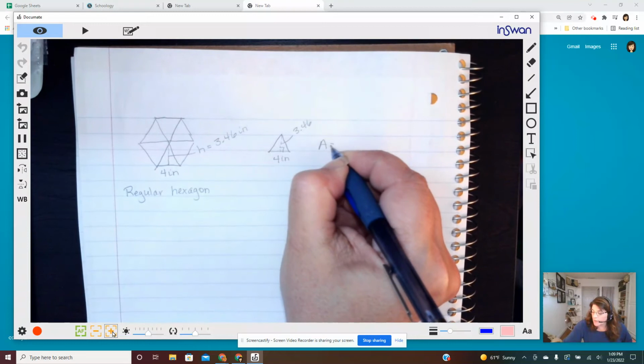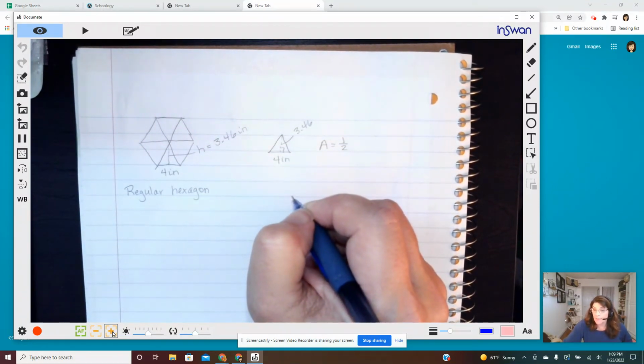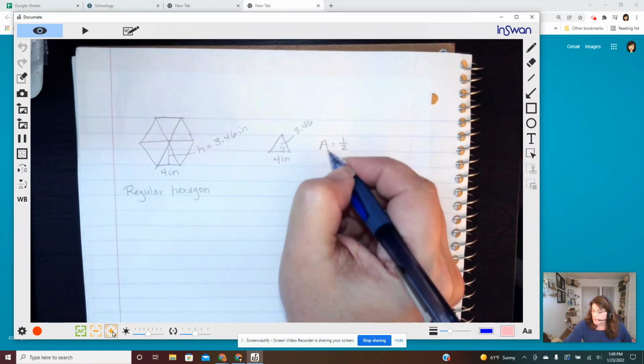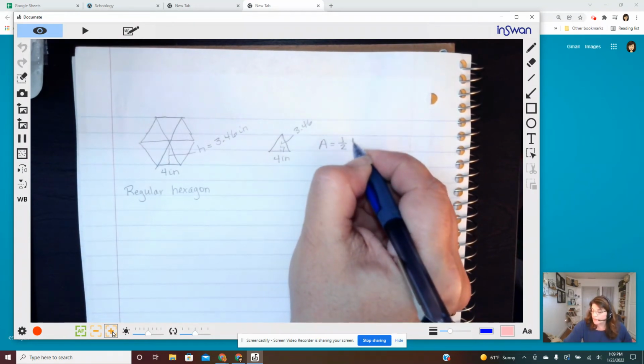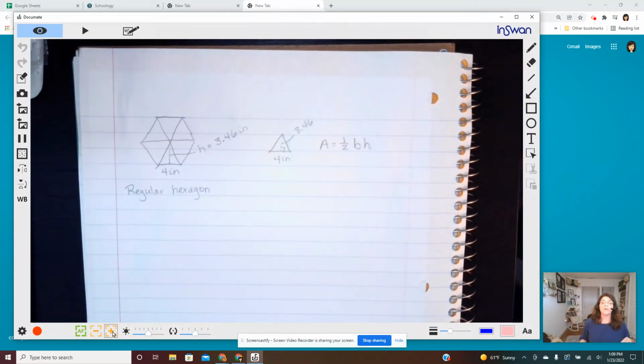Area of a triangle. Remember, we write down the formula every time, without exception. Area equals 1/2 times base times height. Again, look at my sophisticated writing. I'm not telling you to multiply those. It's implied now. Okay, we're the big kids now.